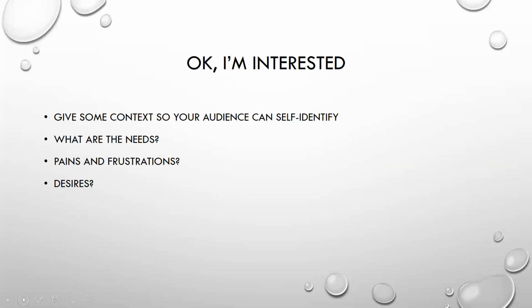What is it they want? Giving context around those things, highlighting the pains and frustrations and the desires of your audience, will enable her to identify herself in your copy. This is really important to make her feel understood and heard.